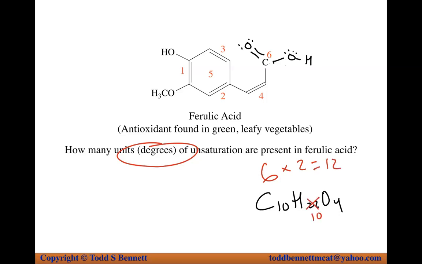So minus 12 would be C10H10O4. Let's see how we did. 3, 4, 5, 6, 7, 8, 9, 10. Formula works. Works in both directions.